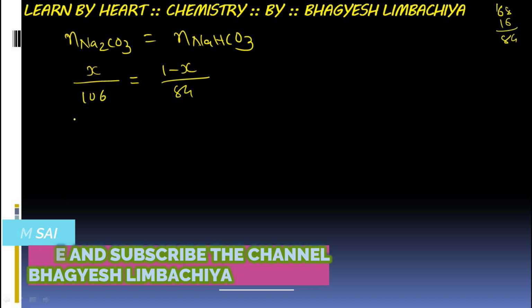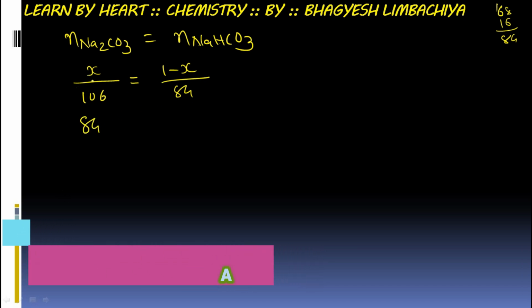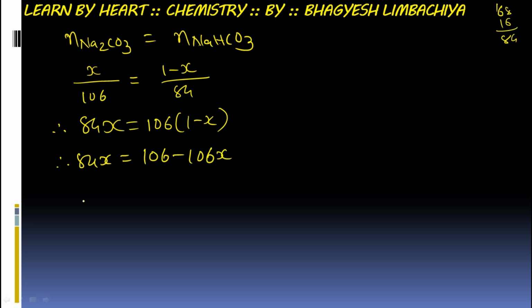So now if we solve this equation, then 84 is multiplied to left hand side, 84x, and 106 is multiplied with 1 minus x. So 84x equals 106 minus 106x. 106x is shifted to left hand side.